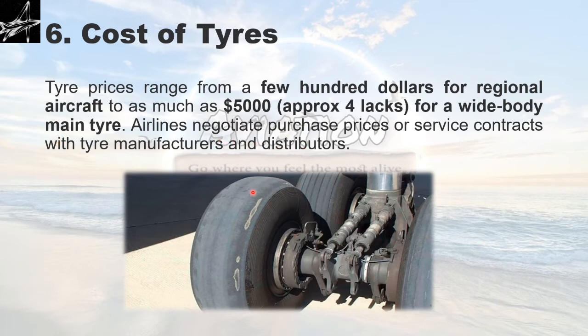As you can see, this tire is totally gone, as the tread pattern has totally worn out, and this tire is perfect. So the airlines negotiate purchase price and also service contracts with the tire manufacturers and distributors so that they could manage this price of approximately 4 lakhs.